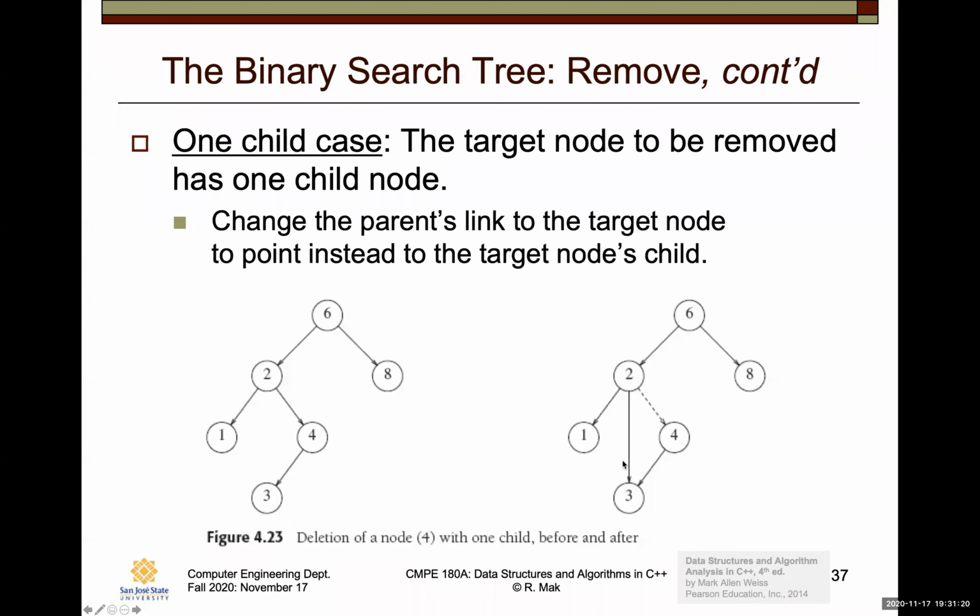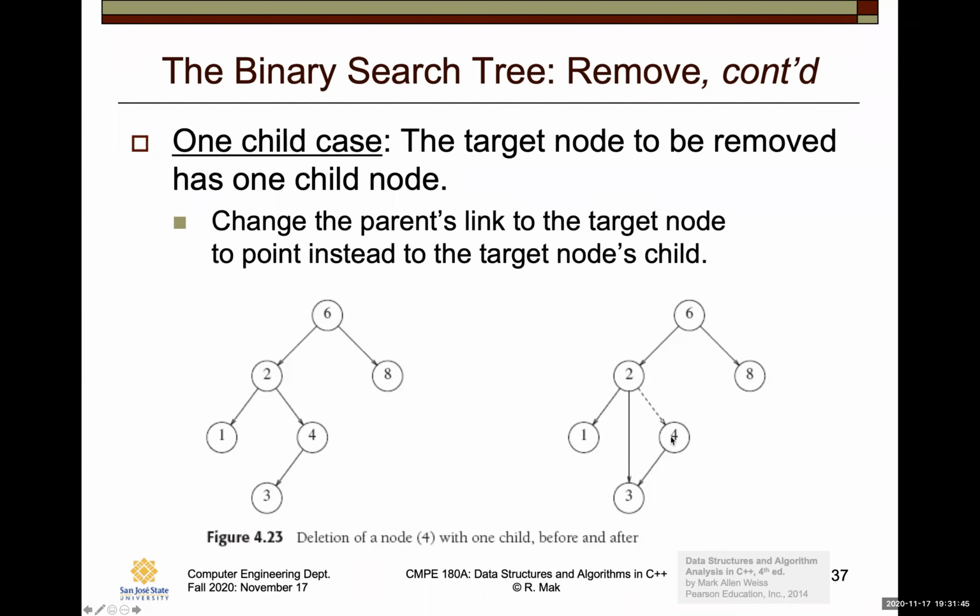So after removal, this is what the tree looks like. This diagram is a little confusing, but the 4 is gone, so this link has been severed, and what was the single child of 4 is adopted by the parent of 4.